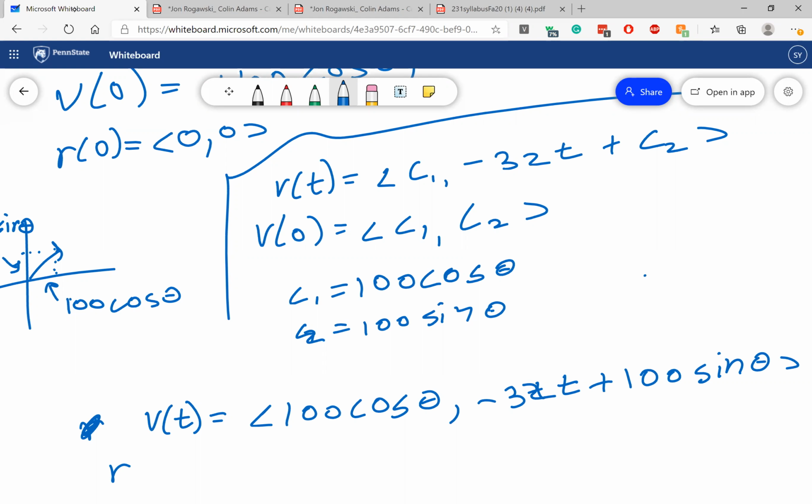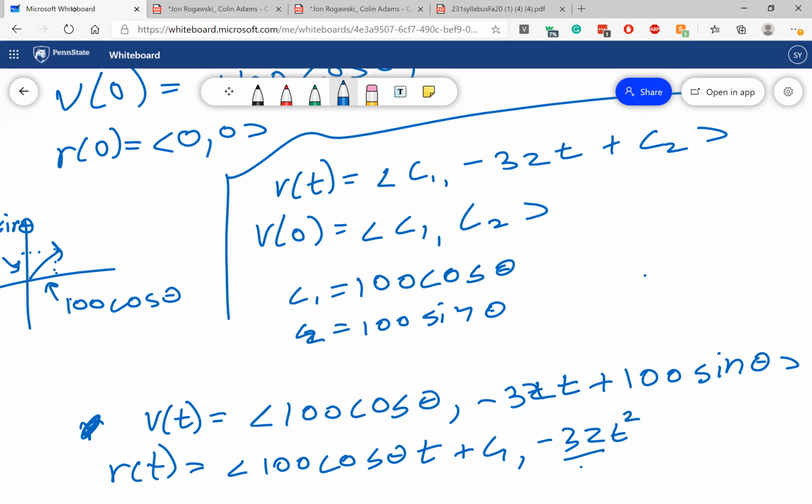So now looking at r(t), we have that this is going to be equal to 100 cosine theta times t plus c1. Then we're going to have negative 32 t squared over 2 plus 100 sine theta t plus c2.